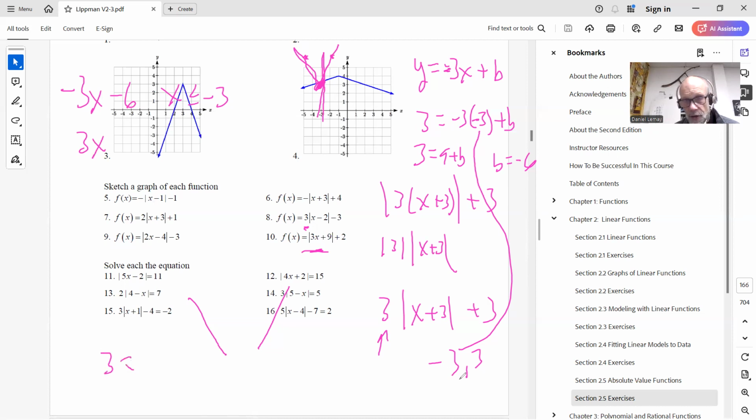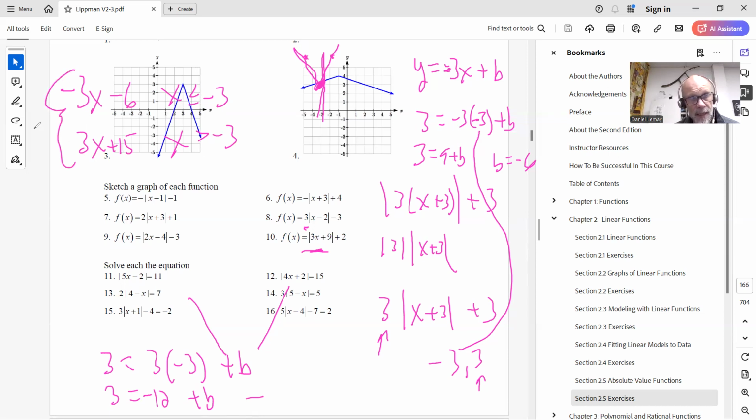So I'm going to say 3, which is y, equals +3, which is the slope, times x, which is -3, plus b, and that'll be 3 equals -9 plus b. So b would have to equal 12. So plus 12, and I'm going to use that piece when x is greater than -3. And remember, it doesn't matter which one's equal to, we just don't want them both equal to. And there's my piecewise defined function, f of x.